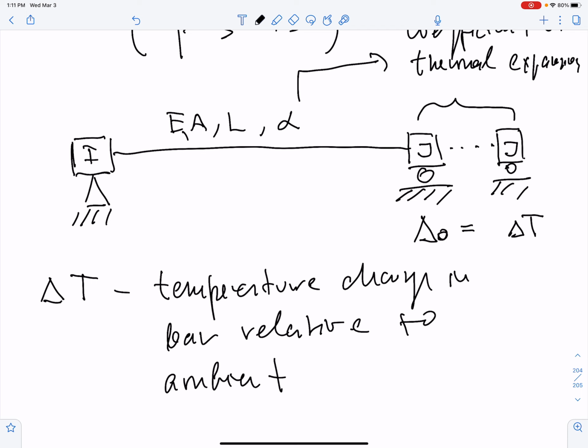Now, if you look at the bar of size L, for example, and bar of size L over 2, you can imagine that a longer bar, if you apply the same amount of temperature change, will elongate more than a shorter bar, okay? So this dependence can be reflected by multiplying this by L, okay?